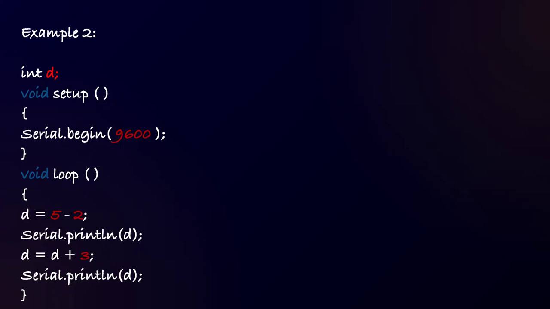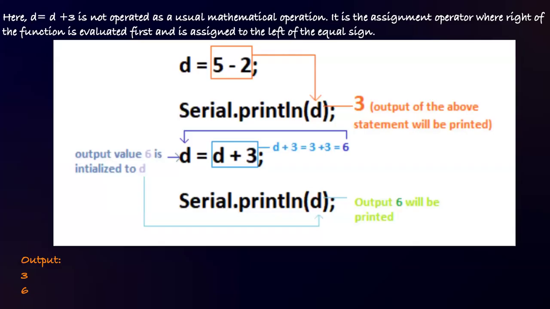Understood? This is how we can play with operators. See, this is the whole process flow. You see the output is written over here. Output is 3 and 6. First, we did d equal to 5 minus 2. If we print using Serial.println d, we get 3 as the output.